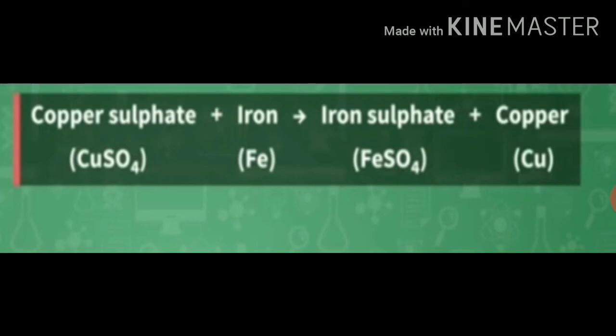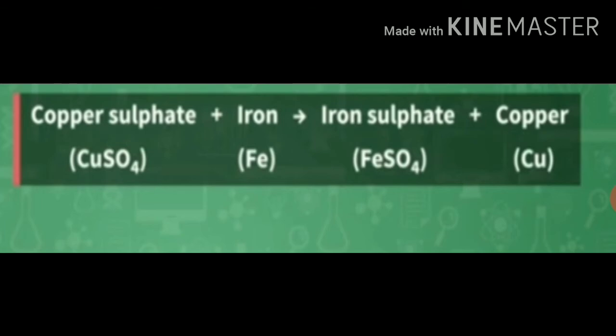So now please note that the blue color of the copper sulfate solution changes to greenish due to the formation of iron sulfate, which is green in color. The copper metal produced in this displacement reaction forms a red-brown coating over the iron strip or iron nail.